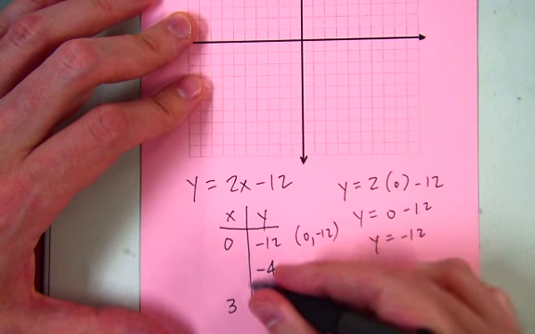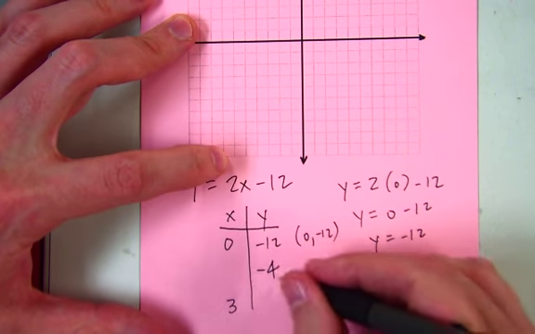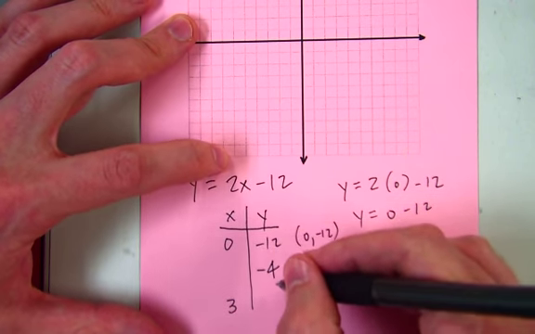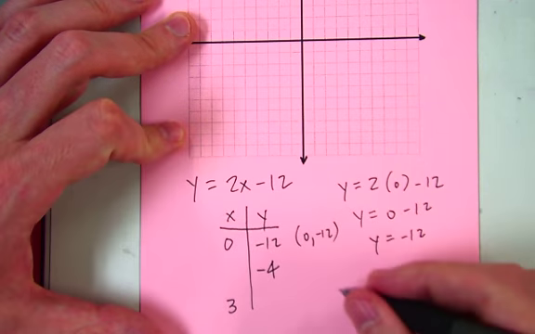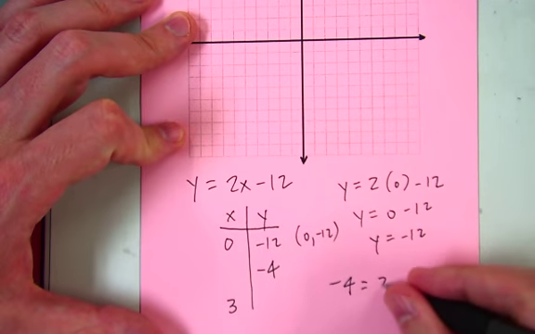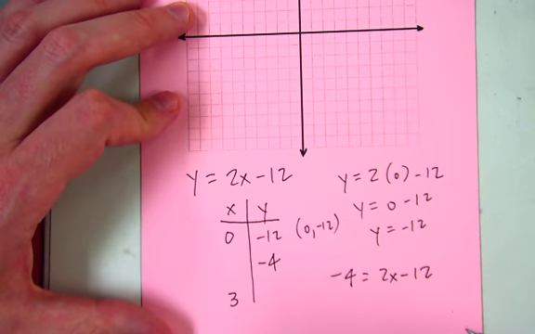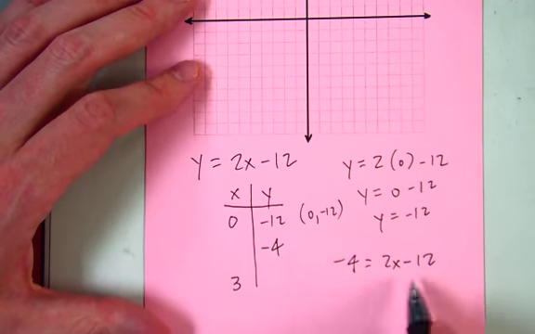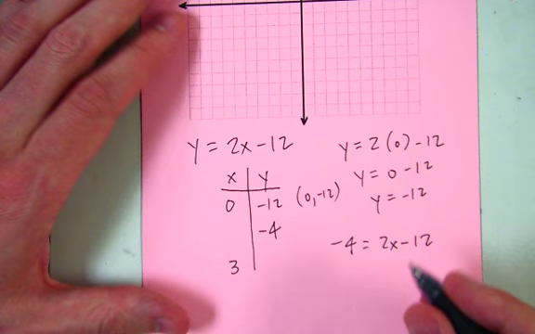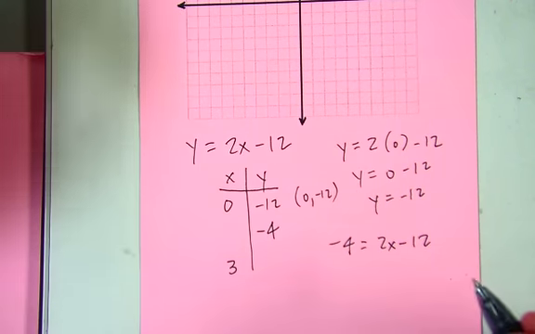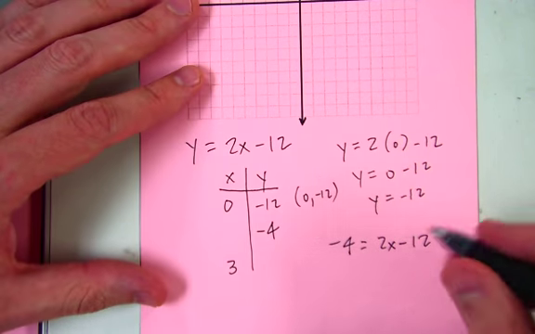I can do the same thing here, except don't plug this in for x. It's not an x value. It's a y value instead, since it's in that second column. So we'll take this -4, we'll plug it over here. And then this we can solve for x. But this is an equation that we need to solve, and it's not quite as simple as it was up here. We need to go through our process that we've done throughout this module. We want to solve for x, get that x by itself.